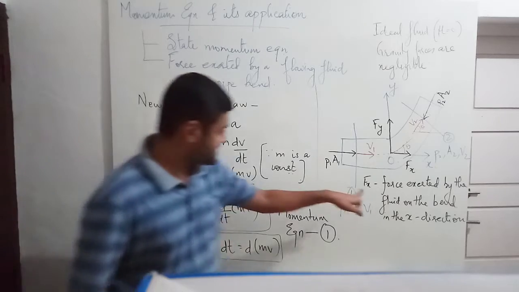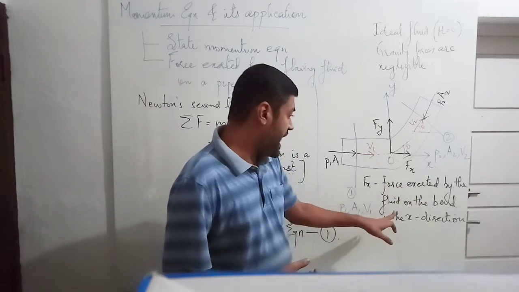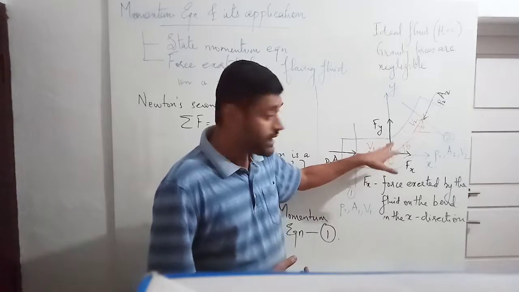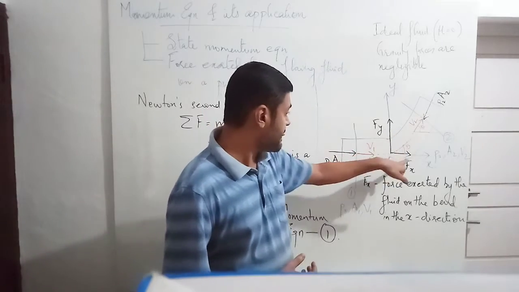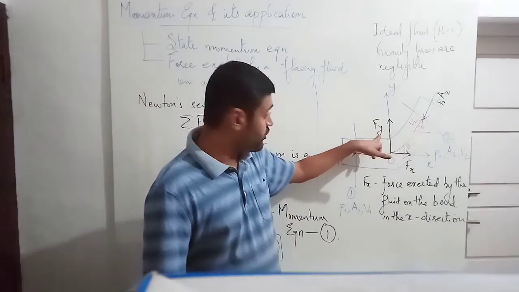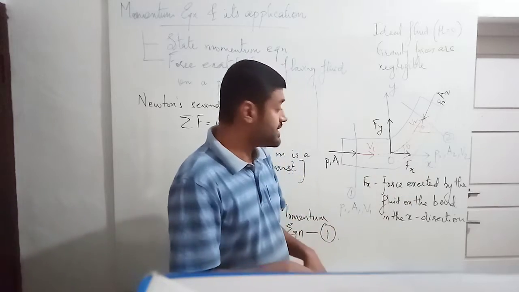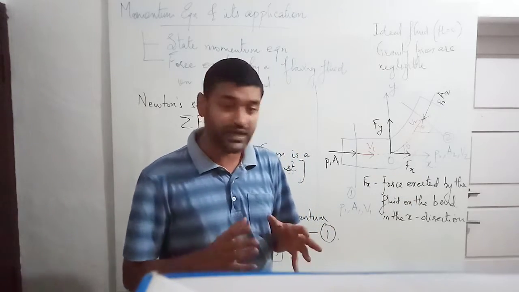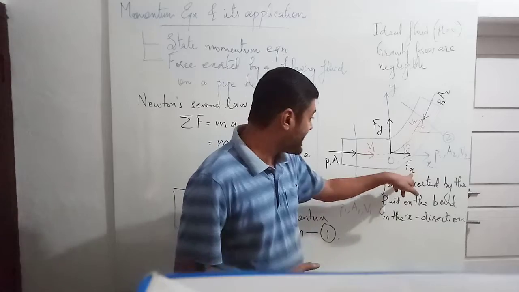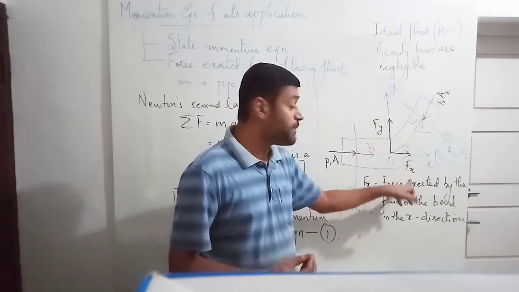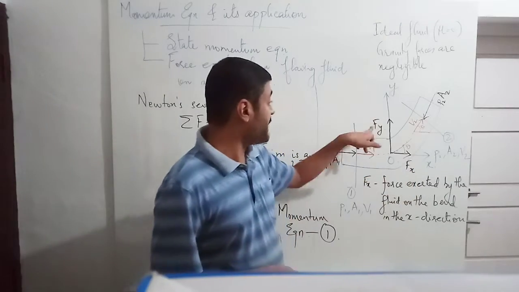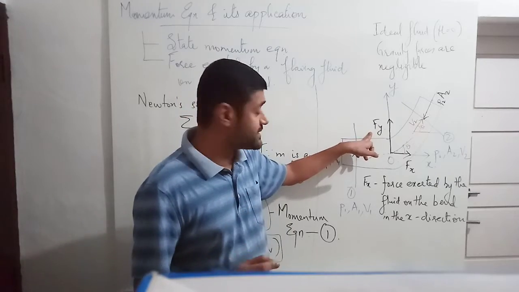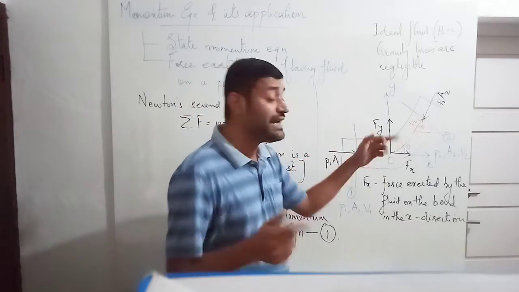Now, let Fx be the force exerted by the fluid on the bend in the x direction and Fy the force exerted by the fluid on the bend in the y direction. Vice versa, employing Newton's third law of motion, minus Fx is the force exerted by the bend on the fluid in the x direction and minus Fy will be the force exerted by the bend on the fluid in the y direction.